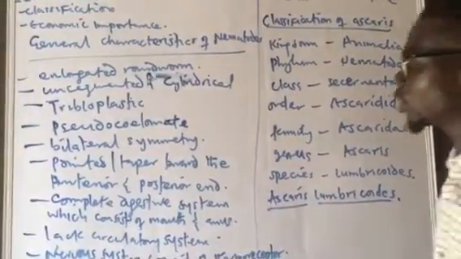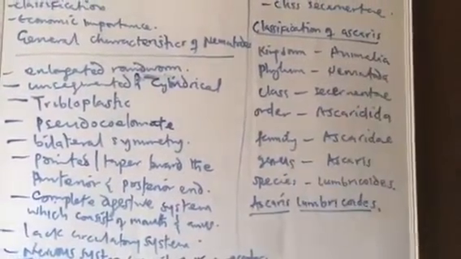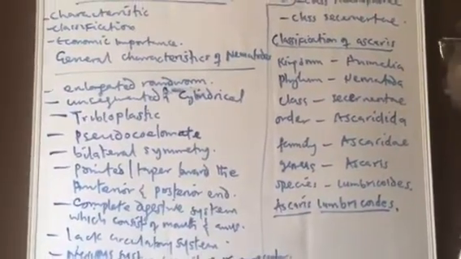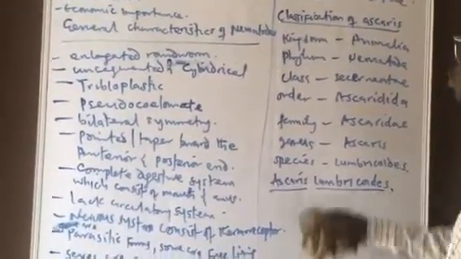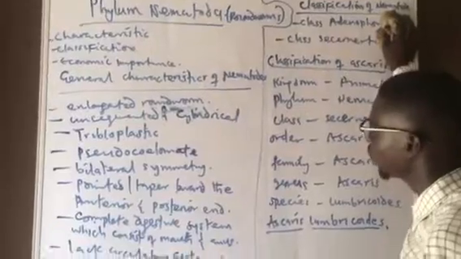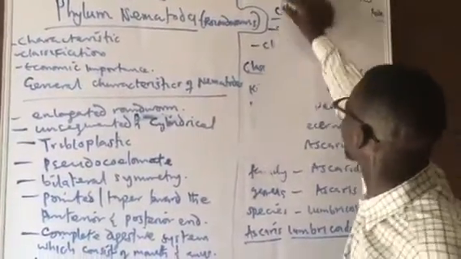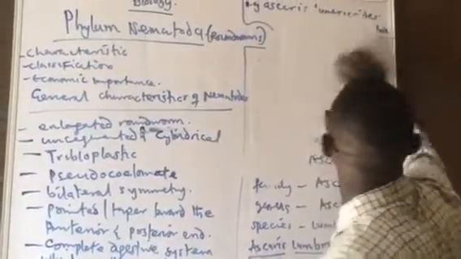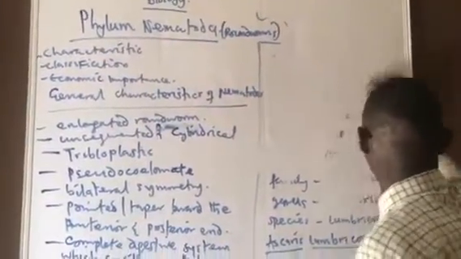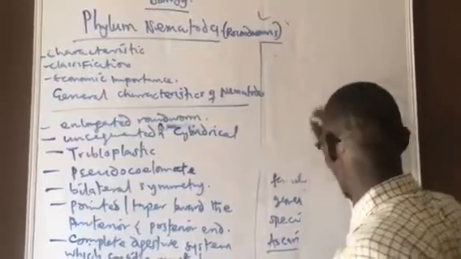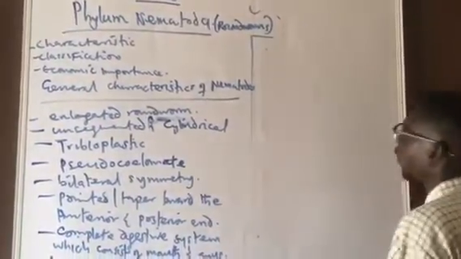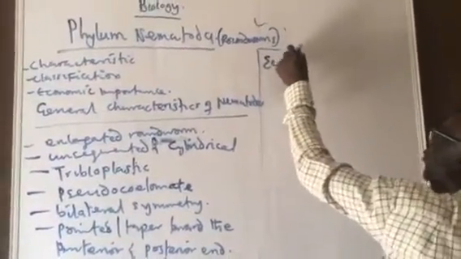So we are going to talk about the economic importance of this group. Let's talk about the economic importance of nematode. Nematodes are very important in the sense that they are parasites.